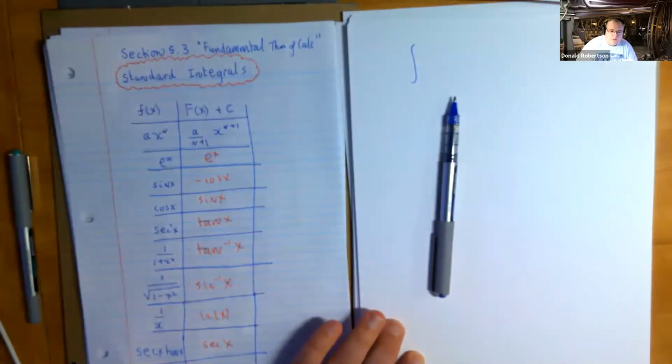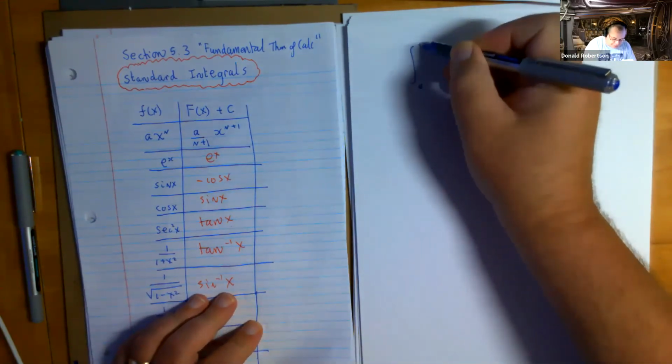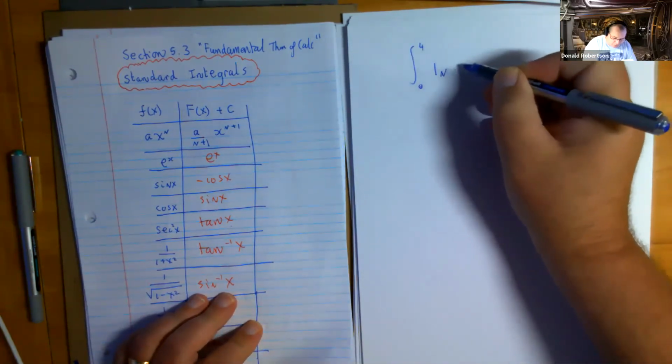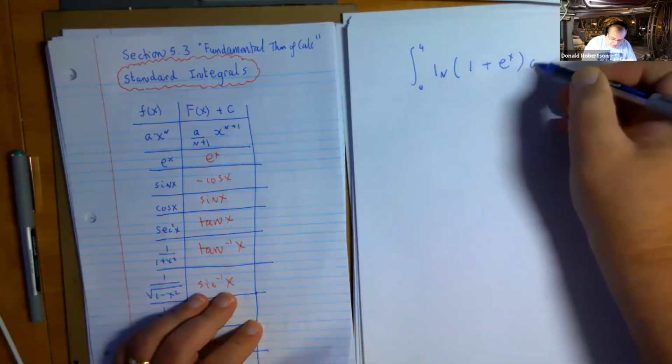Yeah? And does it look like the integral from 0 to 4? I guess I should share it here. So it should be the integral from 0 to 4. The one I've got is the natural log of 1 plus e to the x dx.